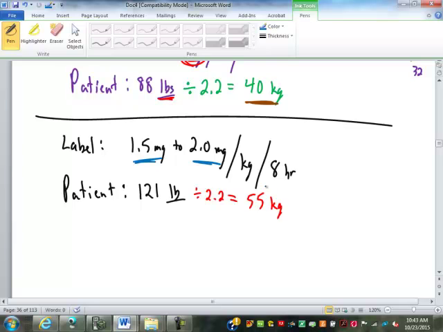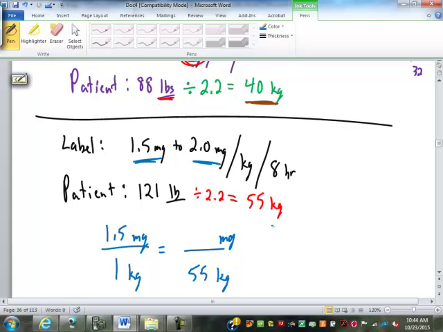Let's do both calculations. Let's start out with the 1.5 milligrams per kilogram, so 1.5 milligrams over 1 kilogram. We want to know how many milligrams that would be for our 55 kilogram patient. If we cross multiply and divide here, 1.5 times 55 is, what, 82.5, I believe, milligrams? Of course, divided by 1, I didn't say that, but it's implied. Is that what you come up with?